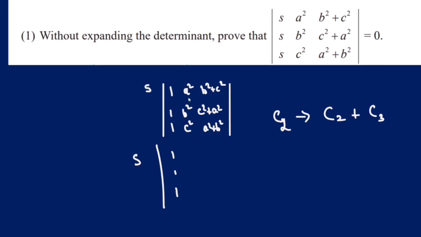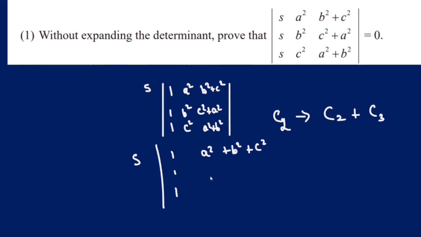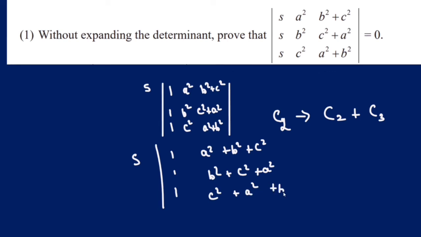Just add and tell me: a square plus b square plus c square. Column 2 and column 3 I am adding and putting it in column 2. b square plus c square plus a square. c square plus a square plus b square. So column 2 I have changed. The third column as it is, b square plus c square, c square plus a square, a square plus b square.